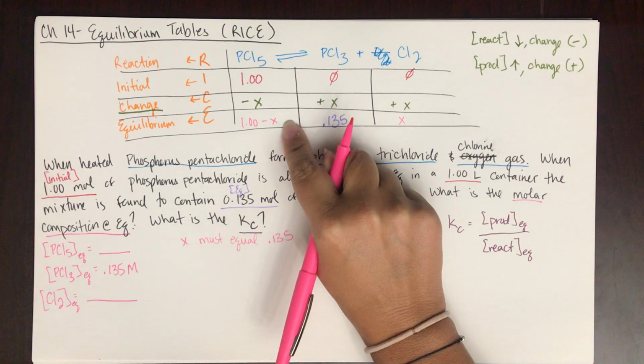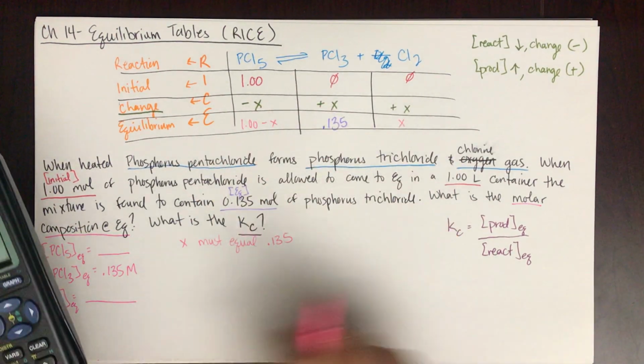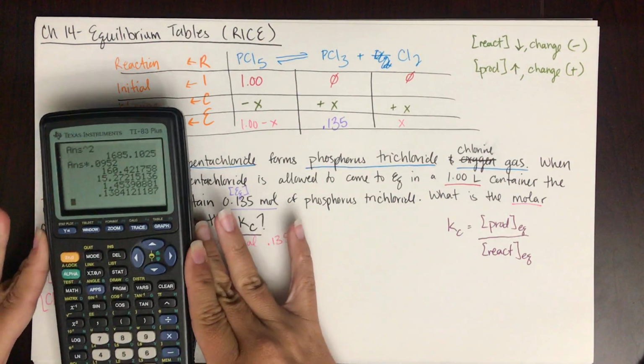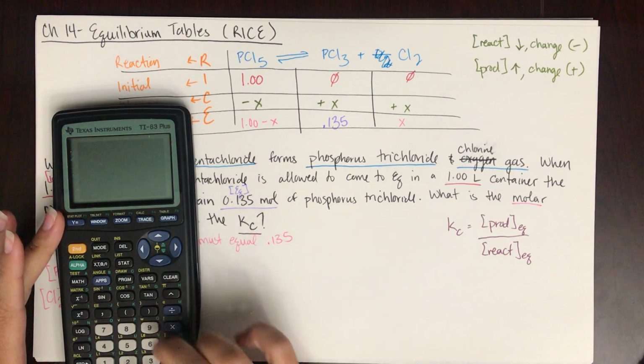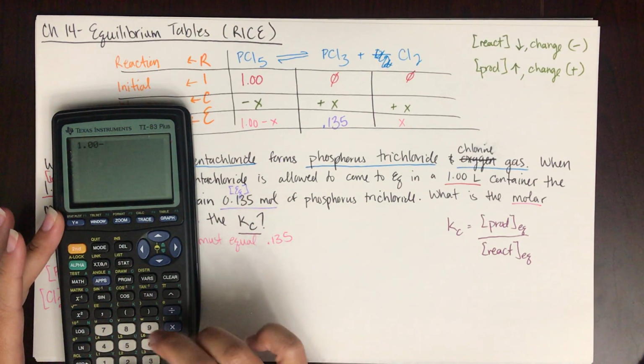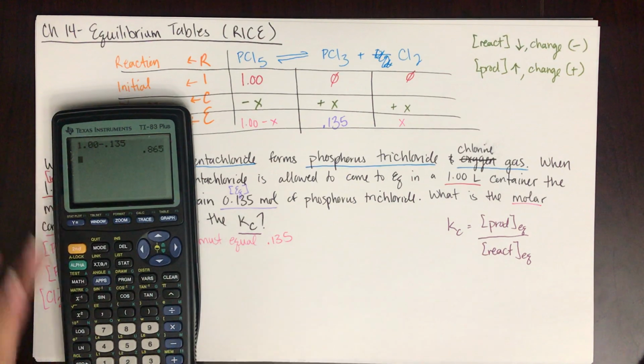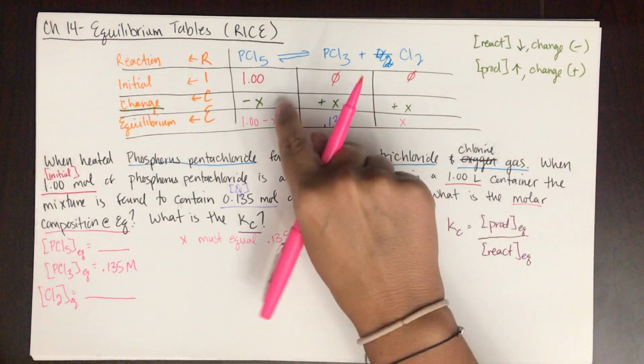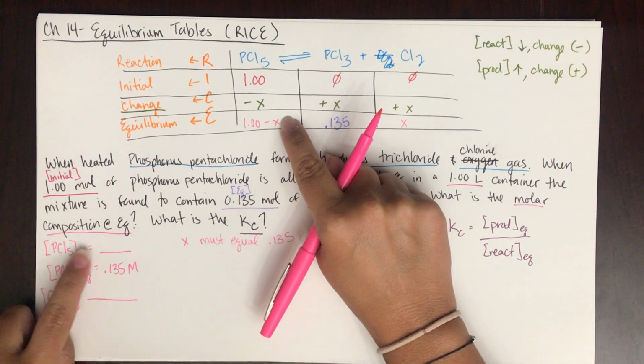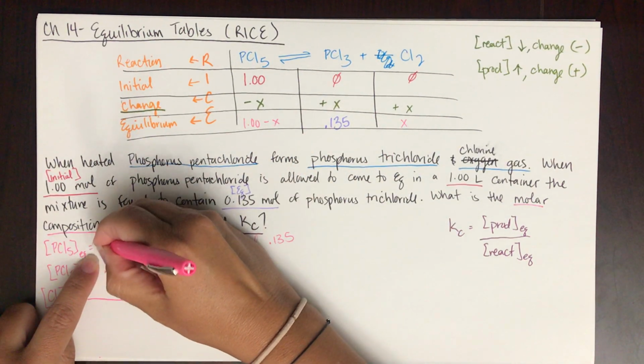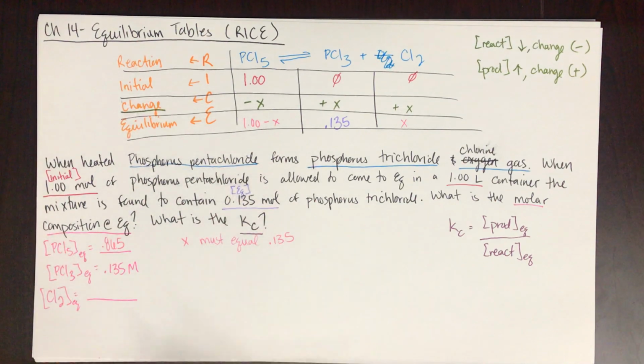So if the equilibrium concentration of PCl5 is 1 minus X, it must be 1.00 minus 0.135, which is 0.865. So 0.865 must be the equilibrium concentration of my phosphorus pentachloride.